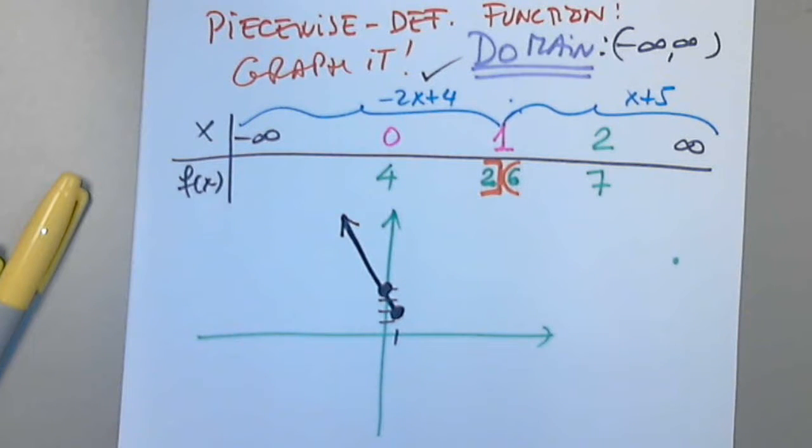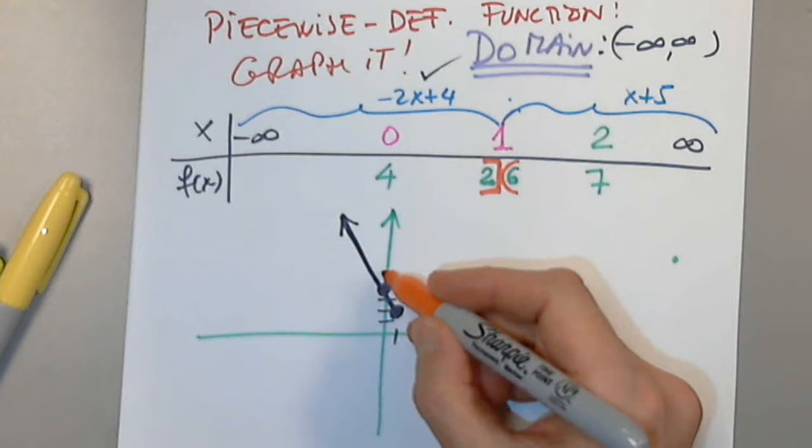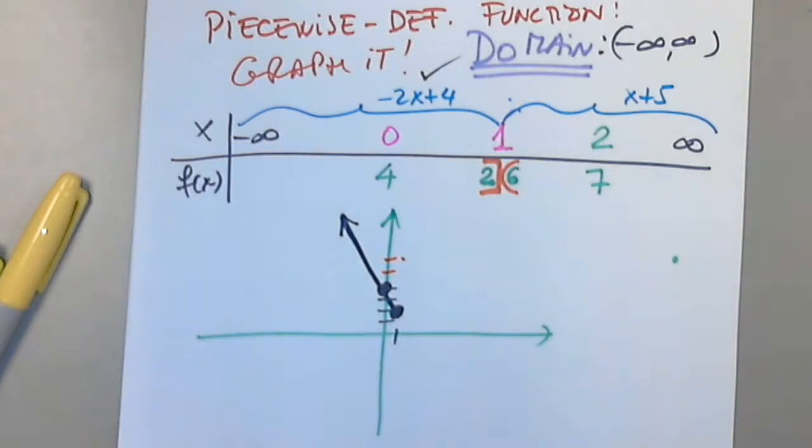Next ordered pair. Next in line is 1, 6. Perfect. So now I need to establish whether this exists or not. If it exists, it's a full point. If it doesn't exist, it has to be an open point. If I'm not allowed to plug in 1, it cannot exist. If I'm allowed to plug in 1 in this branch, then it's a full point.